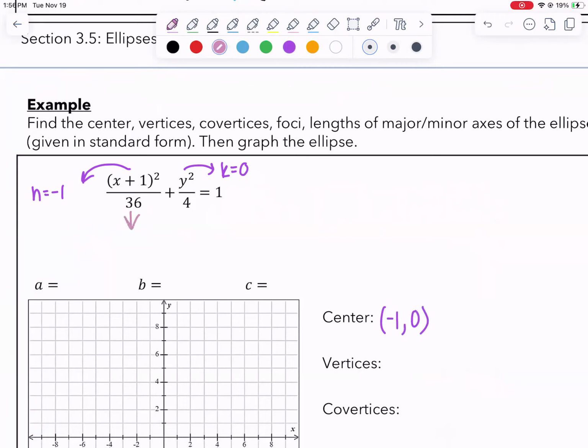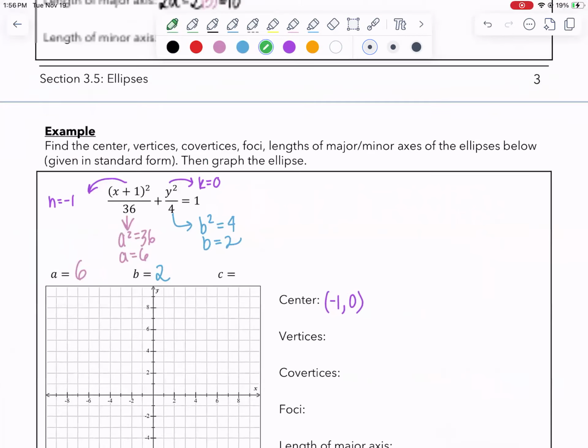The bigger number is under the x, and so the bigger number, a squared, is 36. That means a is equal to 6. That makes b squared 4, which means b is equal to 2. c is equal to the square root of a squared minus b squared. a squared was 36, b squared was 4.